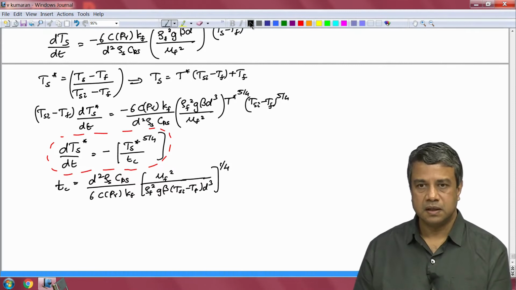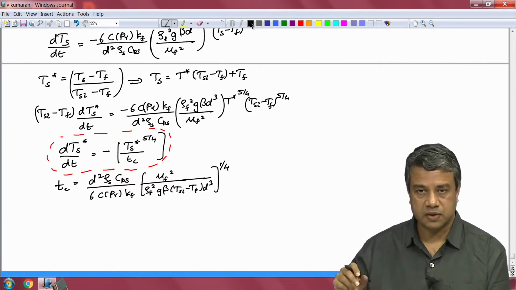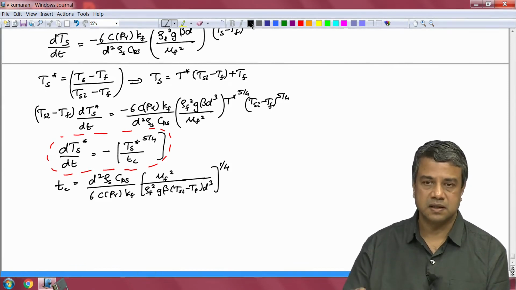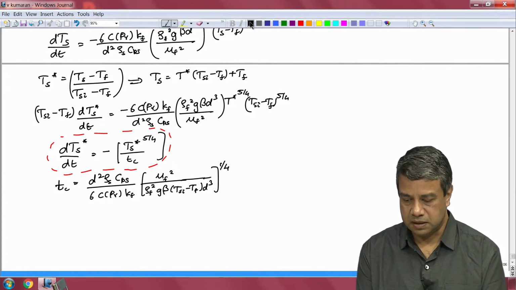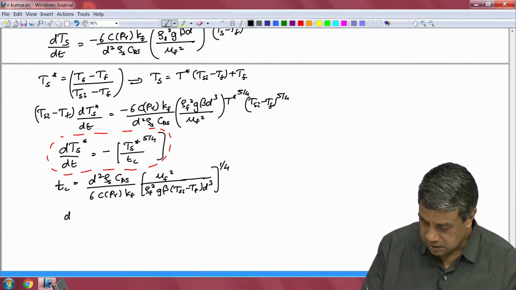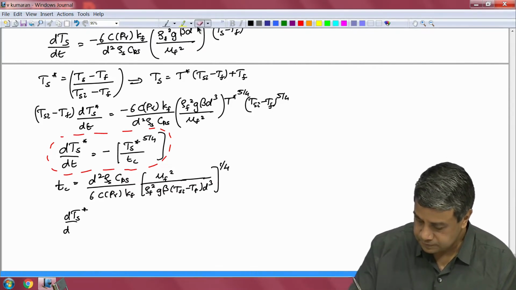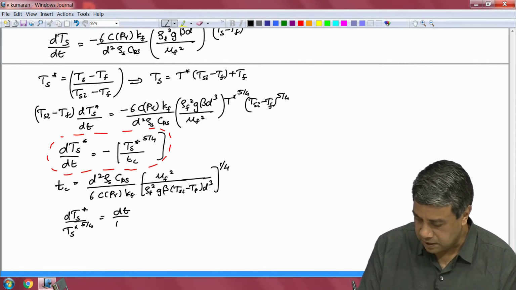The difference I am trying to point out here is that the time scale actually depends upon the initial temperature difference in this case if you scale the temperature this way. And you can of course solve this equation to get dTs star by Ts star power 5 by 4 is equal to dt by Tc.